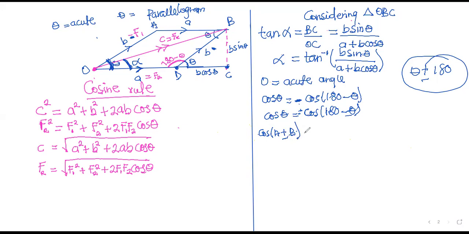The expansion of this is equal to cos of A, the cosine of one angle, times the cosine of the other angle, B. Now, the operator separating them will change: where you have plus, it will be minus. Where you have minus, it will be plus.